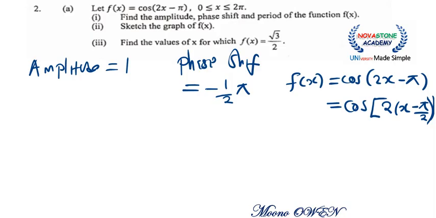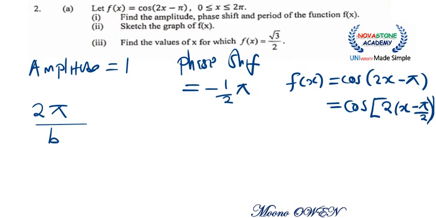Then the period is the time it takes to complete a full revolution, and the way we find the period is 2 pi. 2 pi is 360, a full revolution, divided by b. B in this case is the coefficient of x. Now initially you have to see that the coefficient of x in this case is 2.